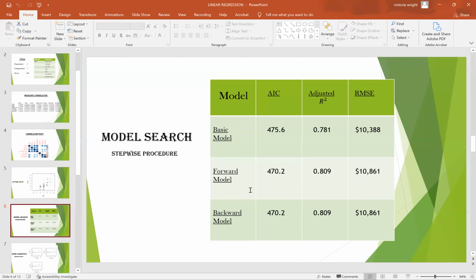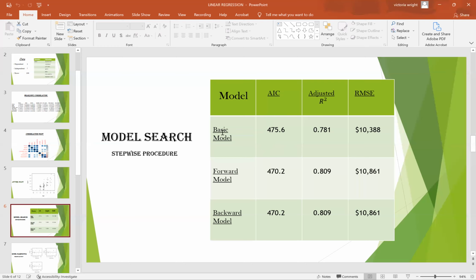In my analysis, I can pick either the forward model or the backward model because they give me the same results. And I pick the model based on smaller AIC. Because with smaller AIC, the predictors in the model make a very significant contribution to explaining the price.